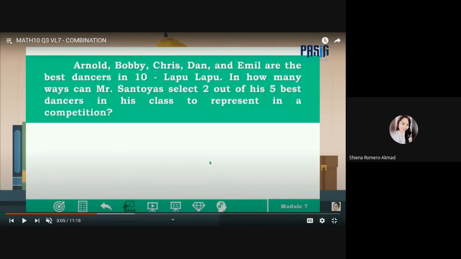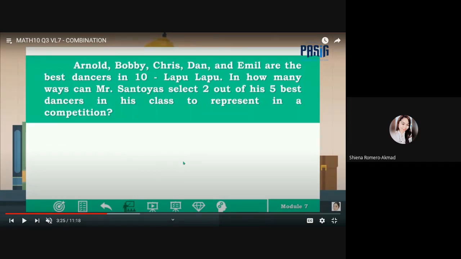So sa tingin ninyo, sino dyan? Or ilan dyan yung pwede nating sabihin na number of choices na meron siya? So tama yung sagot niya kanina, no? Pero hindi niya ma-explain. 20.